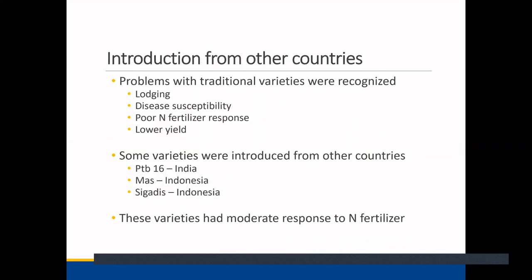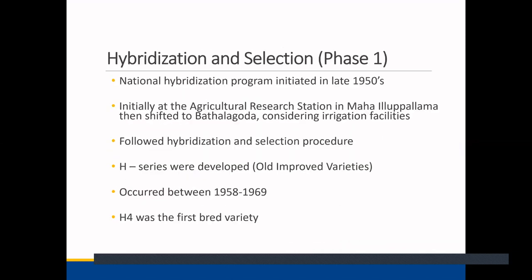So that's why, with this hybridization and selection, all these improvements, we were trying to develop a short variety that can absorb a lot of light, and with a high chlorophyll content, so they can do a lot of photosynthesis. Then obviously their demand is high. Then they will respond to the added external nitrogen fertilizer.